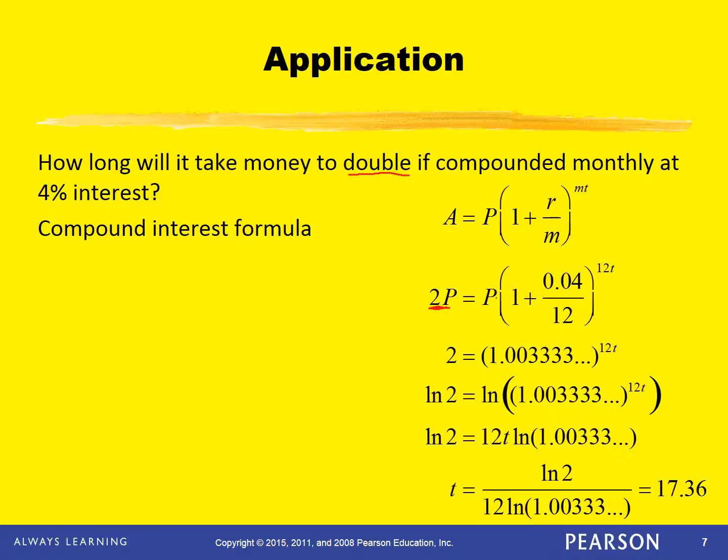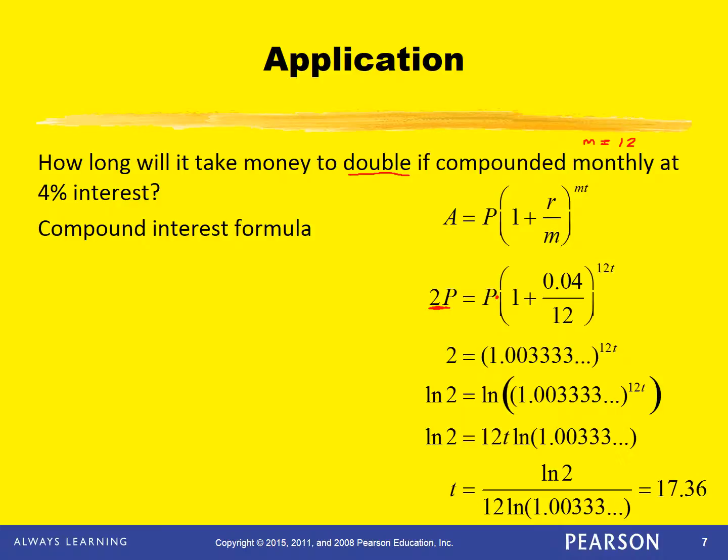Because P is multiplied by this big nasty exponential expression. Now of course we see how in this expression we have inserted values that are relevant to this problem. Interest is compounded monthly. That means that M equals 12. M, which used to be called N, the number of times per year interest is compounded, is 12.